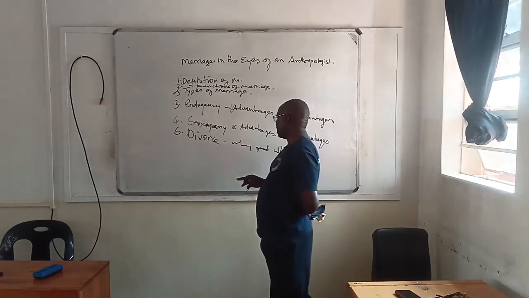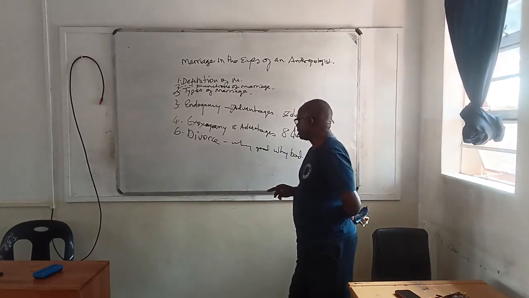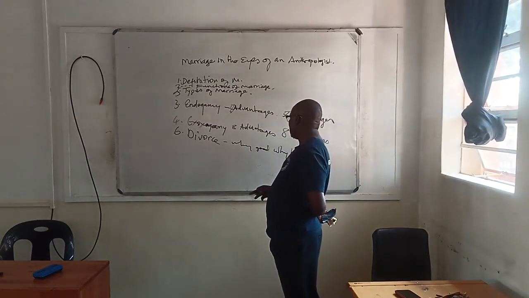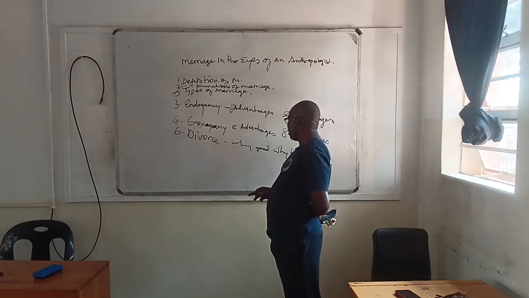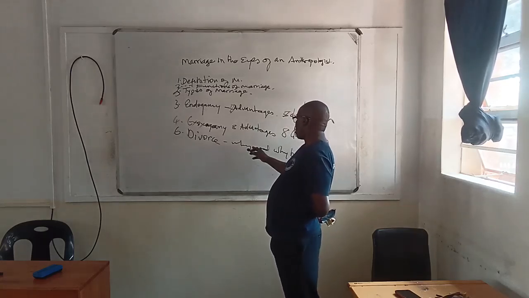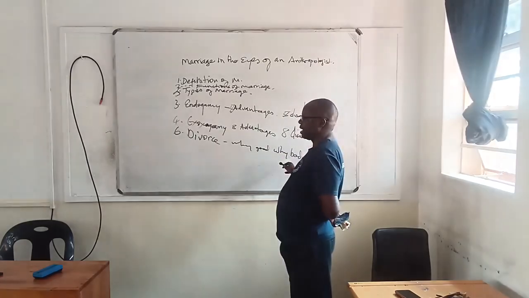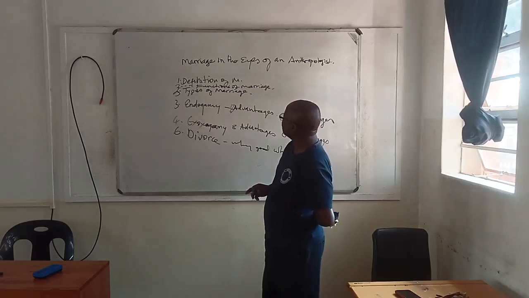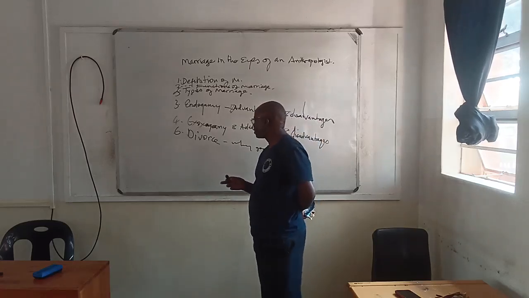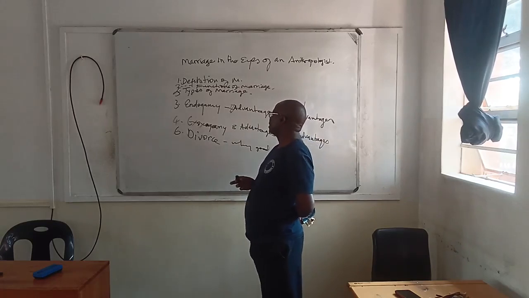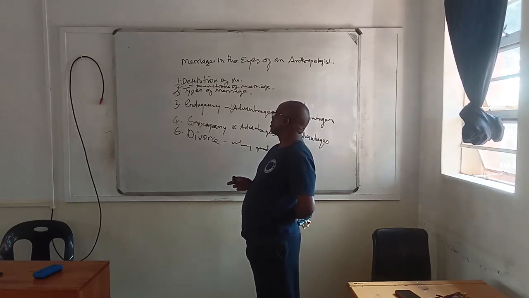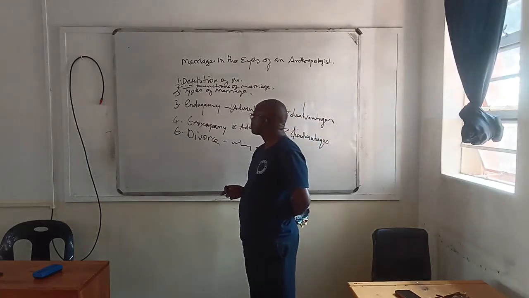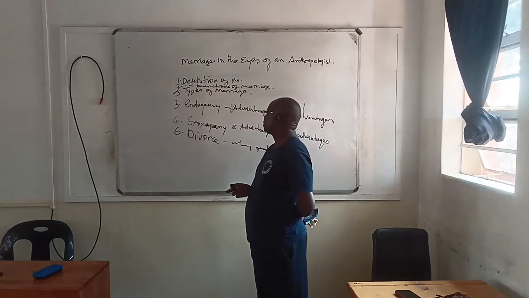We also had the time to look at divorce, the whys on divorce, good or bad. This time around, I would want to give opportunities to the students who have been discussing this work for the past 1 hour to come one by one and make presentations.